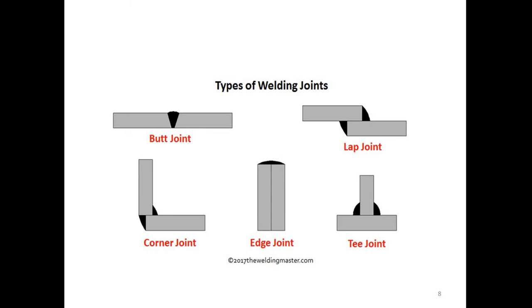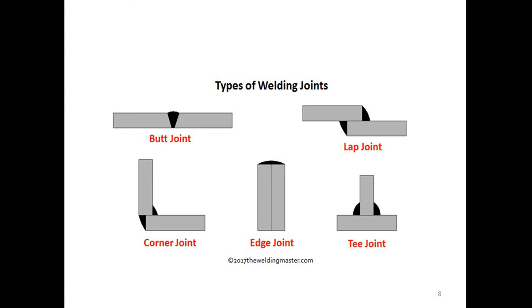The third one is a corner joint. At the corner of the metal or the corner of the metallic component, the joint takes place, and this is called a corner joint. The next one is edge joint. At the edge of the two metals, the joint takes place.